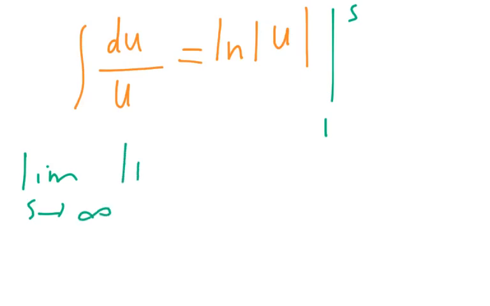So we are just being consistent. I am going to jump straight into the next step, which is applying the fundamental theorem of calculus, which is natural logarithm absolute value of s minus ln absolute value of 1.